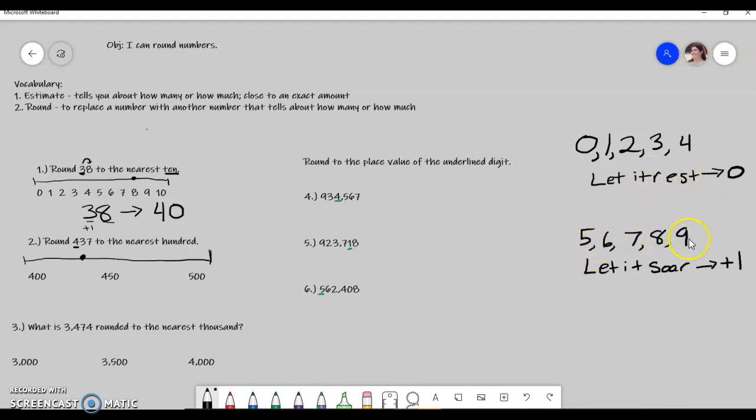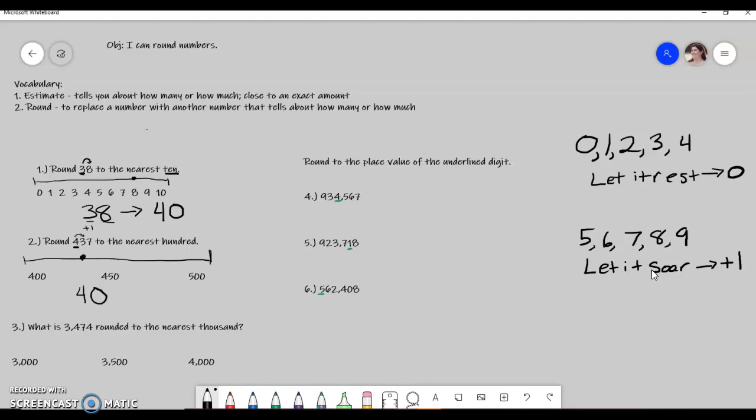And if it's 5, 6, 7, 8, 9, we're going to change it up and add 1. So because we're rounding to the 4, we have to look at our neighbor, which is a 3. A 3 in that tens place. So that means, what are we going to do? Are we going to let it rest, or are we going to have it soar and add 1 more? We're going to let it rest. So that means the 400 stays the same. And that 3 changes to a 0.